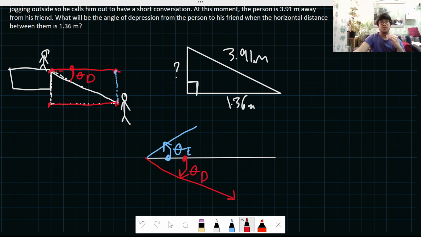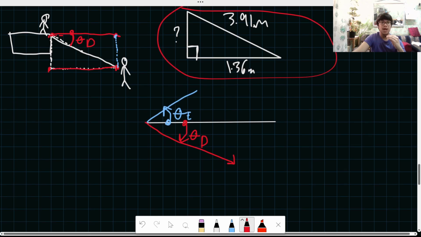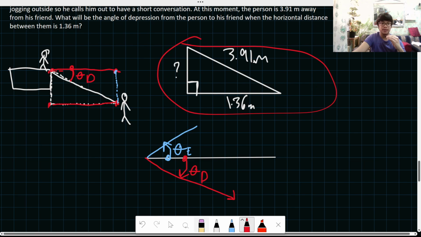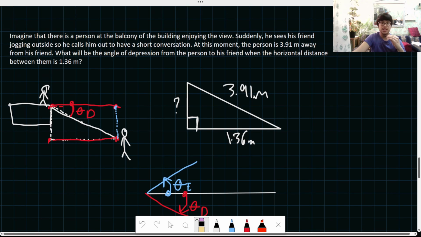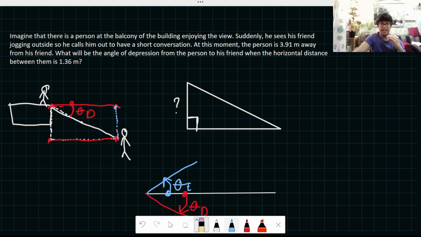So in this case, guys, when in doubt, like you already have a right triangle, but you do not know where to draw angle of depression because it looks like this, and you know that angle of depression will form below the horizontal line, what we're going to do is simply draw two sides.